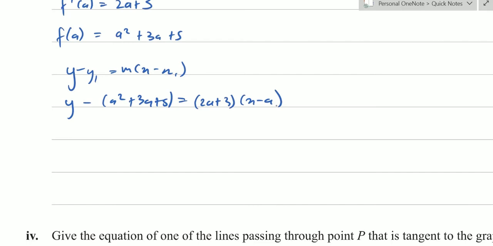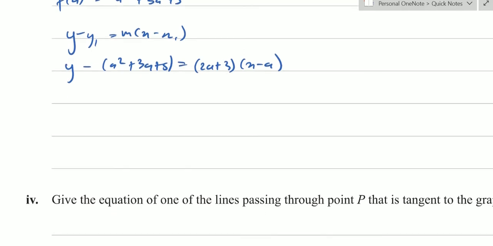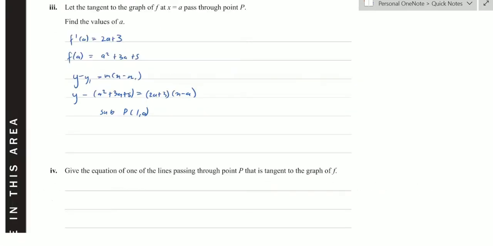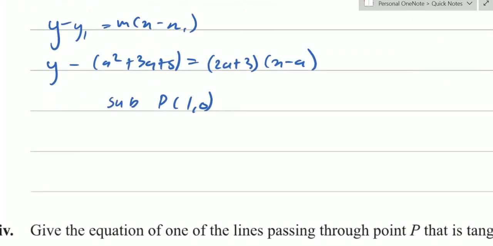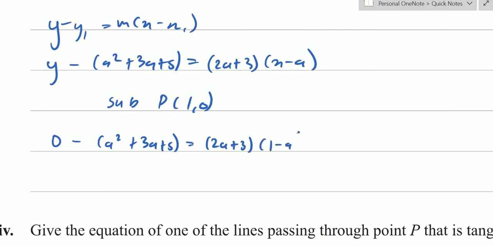From here, you could switch it around, find it as y equals mx plus c, but it's a bit of a waste of time because you would have to sub in P at any point, and it doesn't really matter when. So you could just leave it like that and sub P in. So y is 0, minus (a squared plus 3a plus 5), equals (2a plus 3) times (1 minus a).